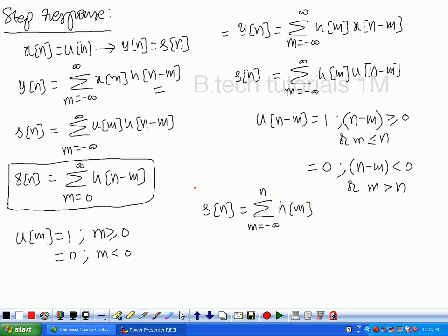Therefore, this is another expression. Both are the same. This is the step response and this is also the step response. So you can give two different expressions. But here the summation is extending from 0 to infinity, and here it is extending from minus infinity to n. So both are valid expressions for the step response, and both equations indicate the relationship between the step response and the impulse response. Follow?